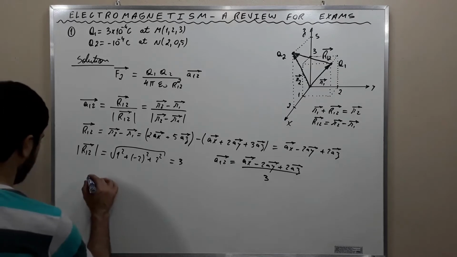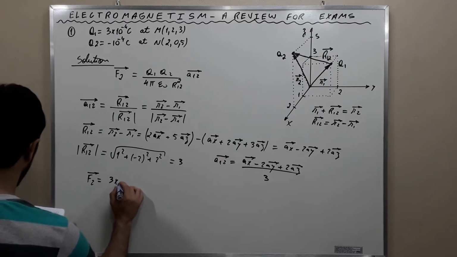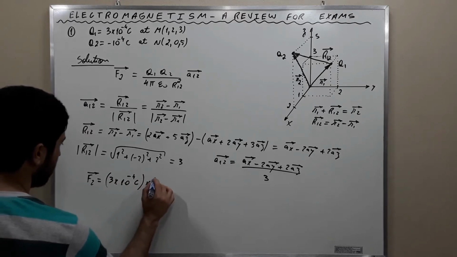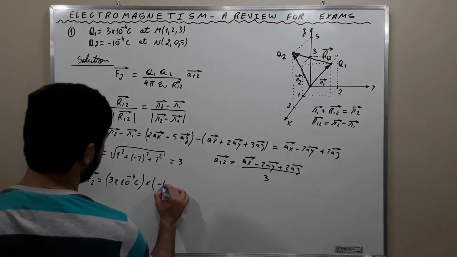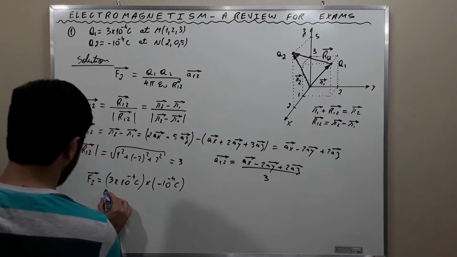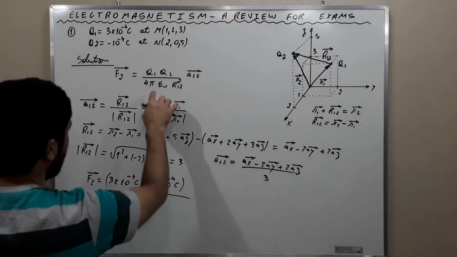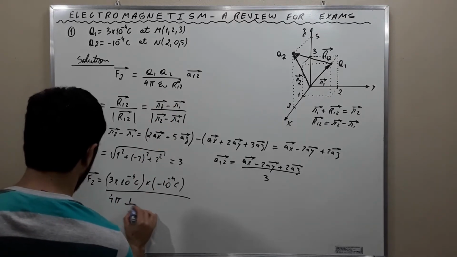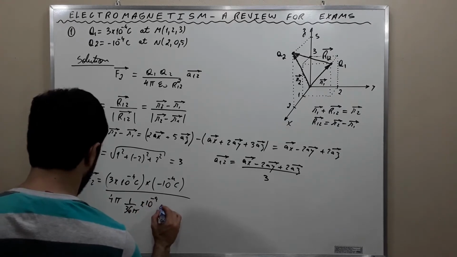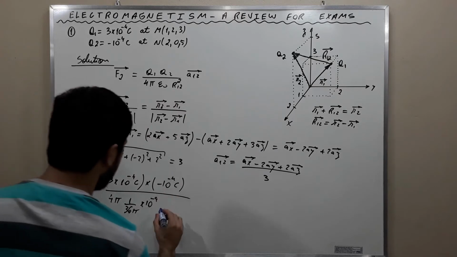Now, all we need to do is to calculate the force using this expression here, and we know that F2 is equal to 3 times 10 to the minus 4 coulomb times negative 10 to the minus 4 coulombs divided by 4 pi epsilon 0, 1 over 36 pi times 10 to the minus 9, times the vector squared.